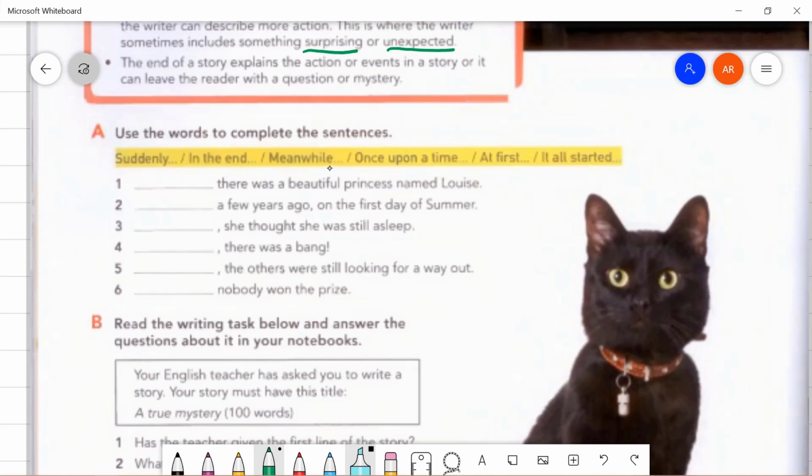Meanwhile, di samping itu, once upon a time, pada suatu hari, at first, pada mulanya, it all started, ianya bermula dengan. Okay, now, which one of these phrases can be inserted in the beginning of these 6 sentences here?